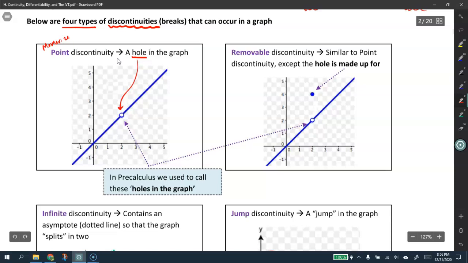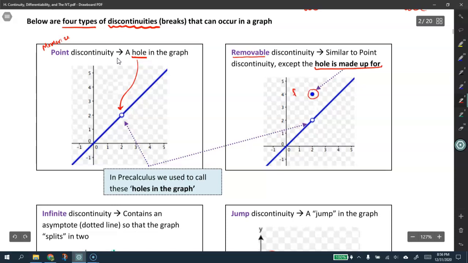And if you look at the one that's right next to it, it's called a removable discontinuity. So it's quite similar to a point discontinuity, except the hole is made up for. Okay, so notice how there is a closed function right there. So there's an actual defined value.